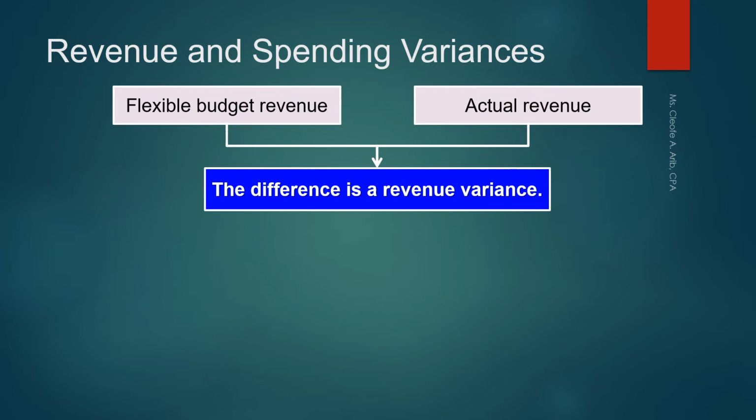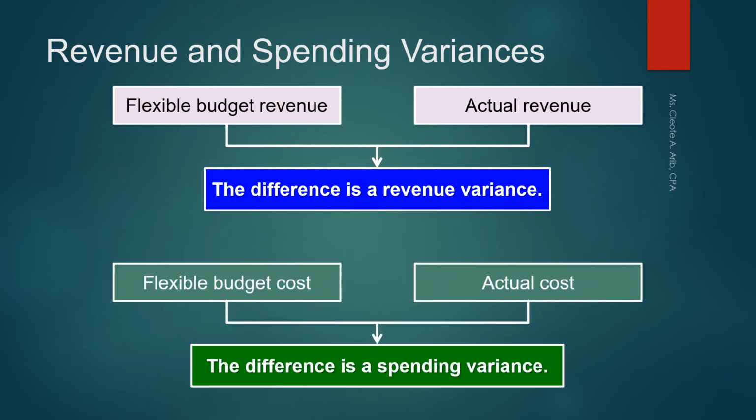Now, when can you say that the variance or the difference is favorable? It is favorable if your actual revenue is higher than your flexible budget revenue. So let's repeat that. For you to say that your variance is favorable, your actual revenue must be higher or greater than your flexible budget revenue.